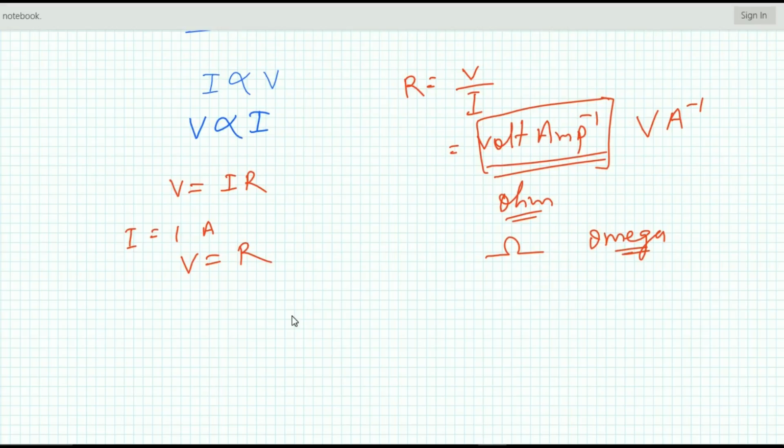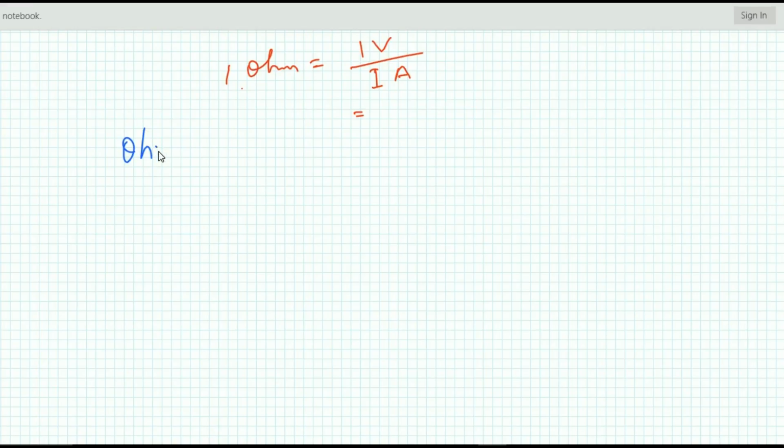So what is 1 ohm? We can define it this way: when 1 volt of potential difference is maintained across a conductor and 1 ampere of current flows, then this equals 1 ohm of resistance. Ohm is the basic unit of resistance. The bigger units of resistance are kilo ohm and mega ohm.